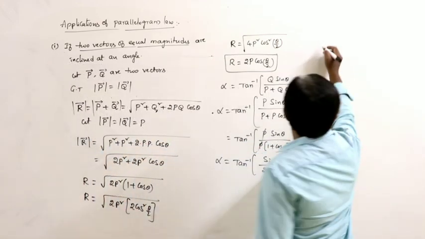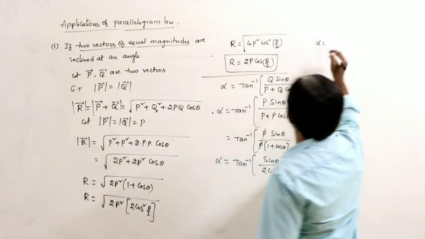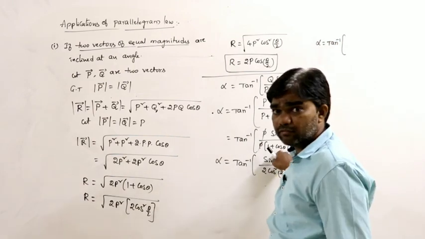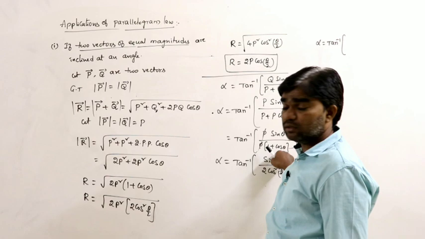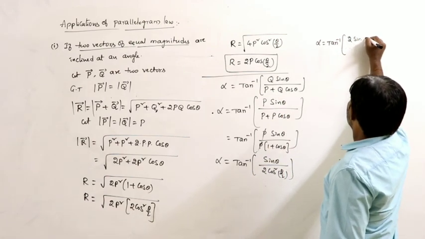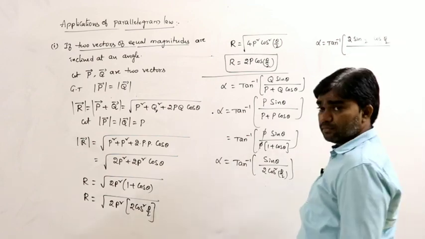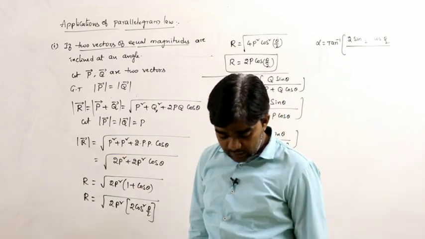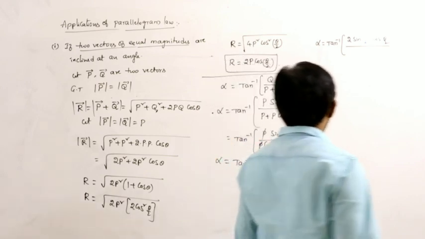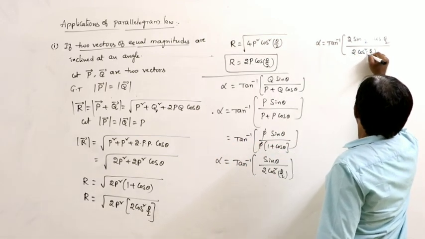So from this, alpha is the direction, tan inverse of 1 plus cos theta, which by the trigonometry formula can be written as 2 cos square theta by 2. Next, sin theta can be written as 2 sin theta by 2 into cos theta by 2, divided by 2 cos square theta by 2.